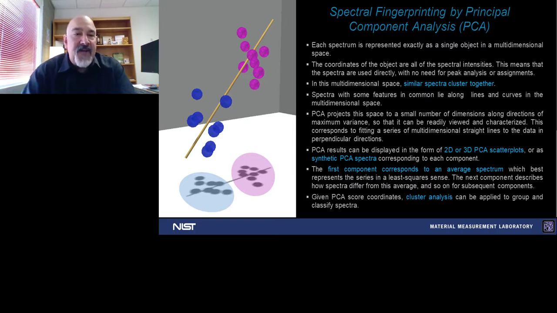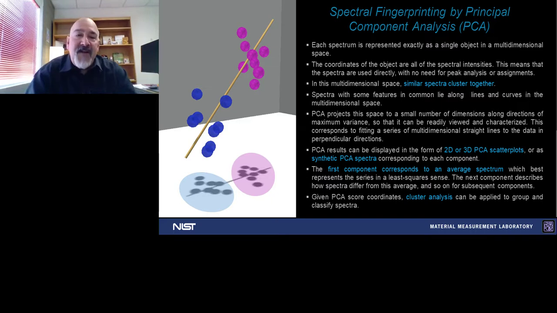And the technique that we use is principal component analysis, which simply fits a multidimensional straight line through the data and projects it down onto that line to reduce the dimensionality of the spectrum collection. And so if we take this large dimensional space and project it down, let's say to 2 or 3 dimensions, we should be able to observe clusters and patterns that group together the spectra according to their similarities and differences.